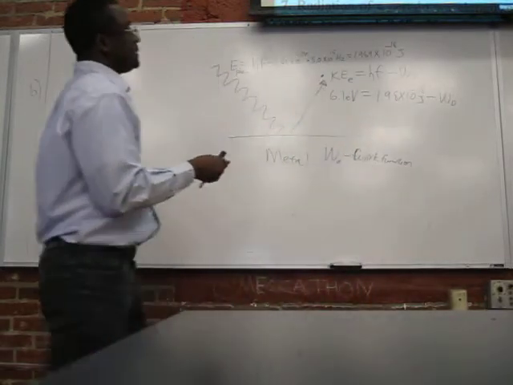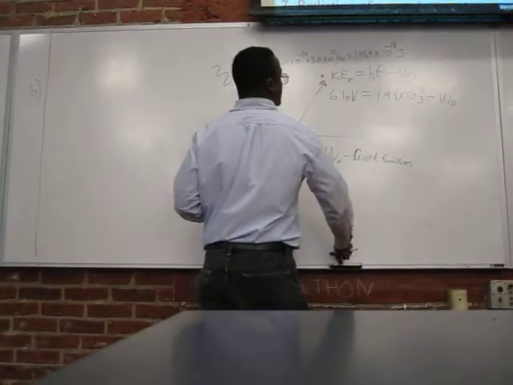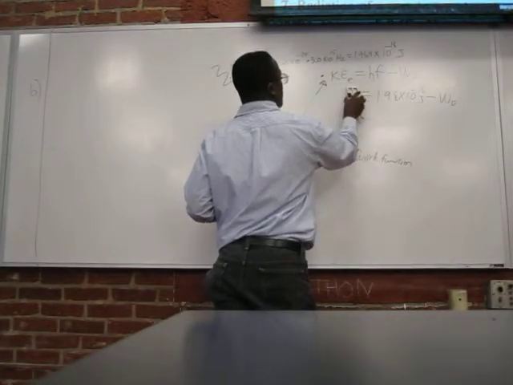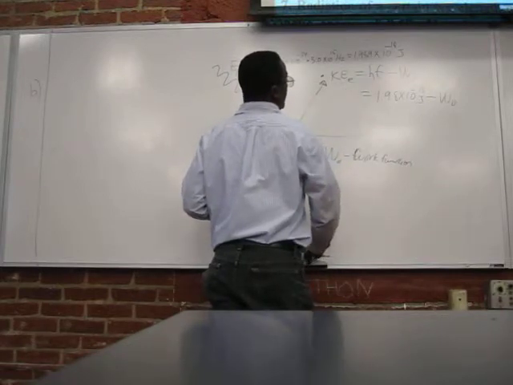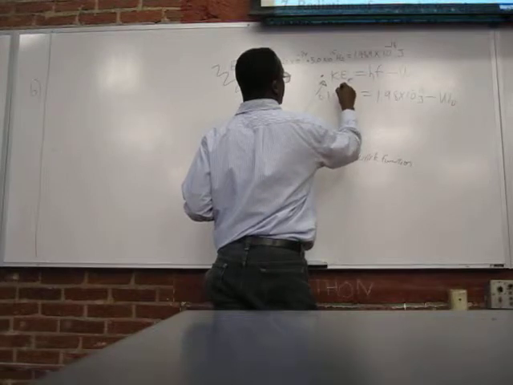mismatched units here. We calculated the energy of our photon in joules, and the energy of our electron that got kicked out is in eV. But that's no problem. The conversion factor is 1.6 times 10 to the negative 19.